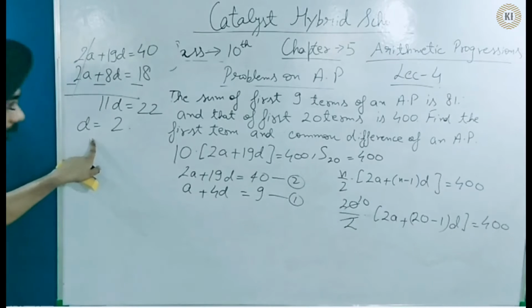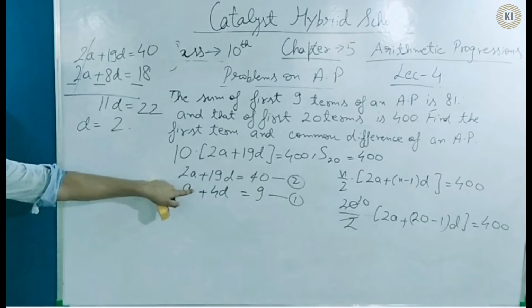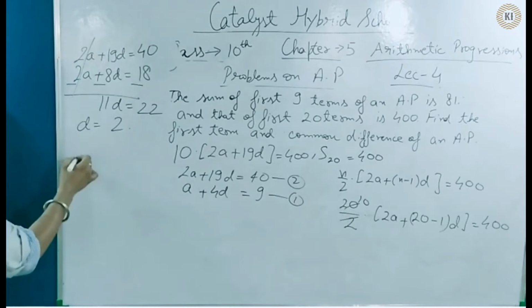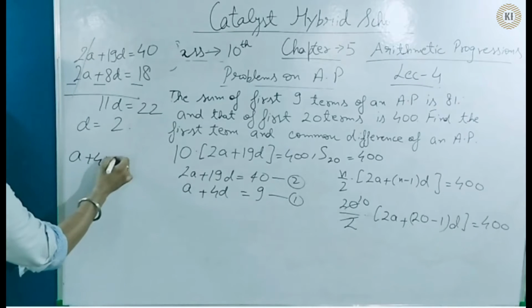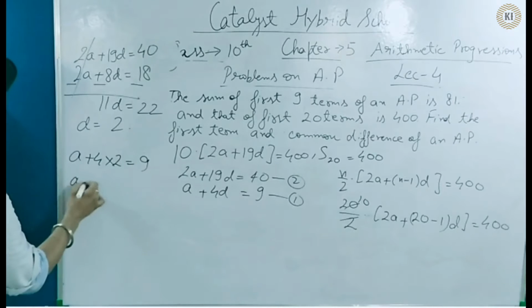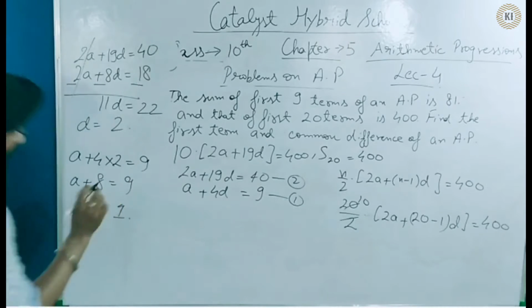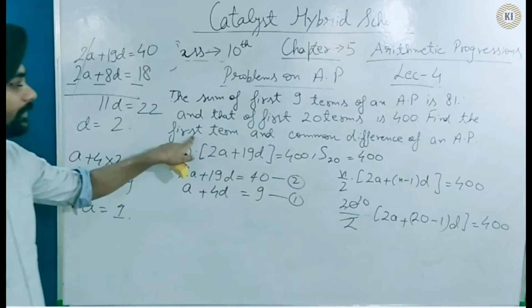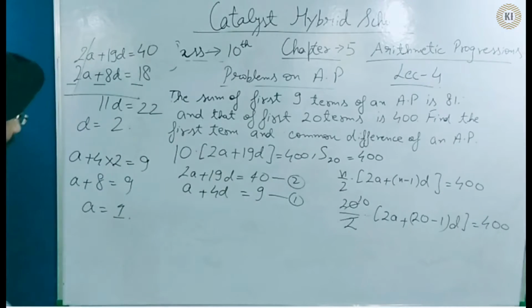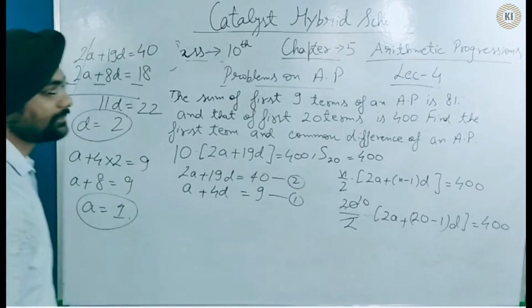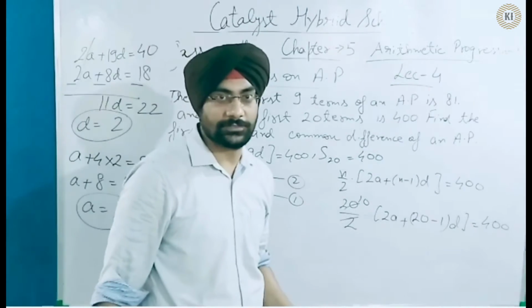Now put the value of d in equation number 1 or equation number 2. So a plus 4 into 2 will be equal to 9. So a plus 8 will be equal to 9. So the value of a will be 1. You have to calculate the first term and the common difference. So our first term is a, that is 1, and the common difference is d, that is 2. And this will be our final answer.